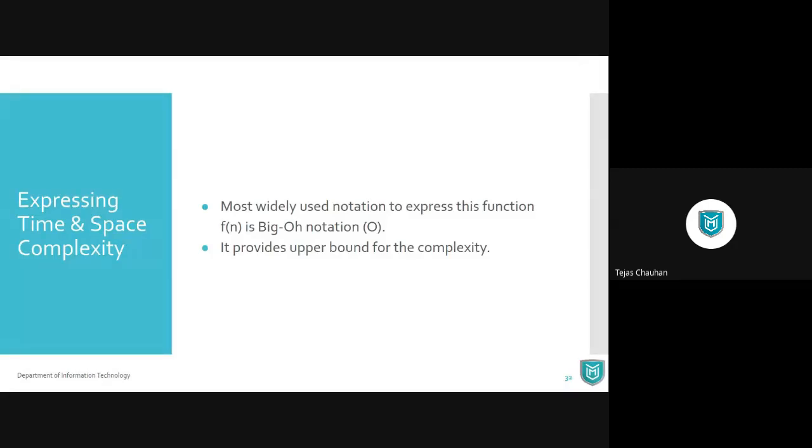Whatever function f of n you found, you are going to represent it in some notation. There is big O notation, theta notation, omega notation, and big omega notation. We will see all these notations in a later semester, when you will have a separate subject on analysis of algorithms.